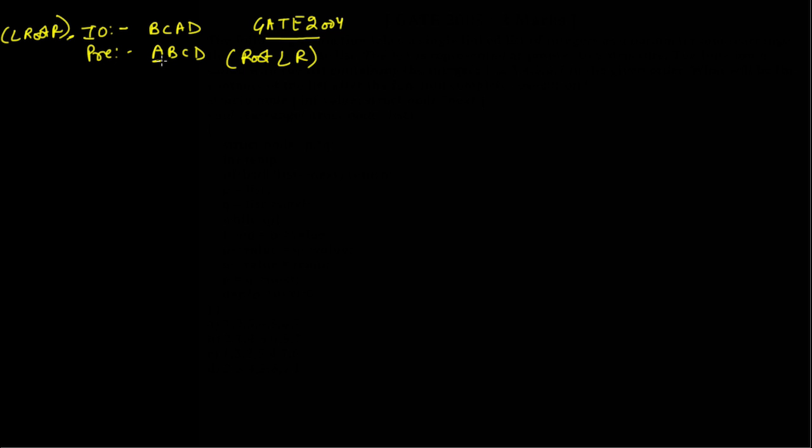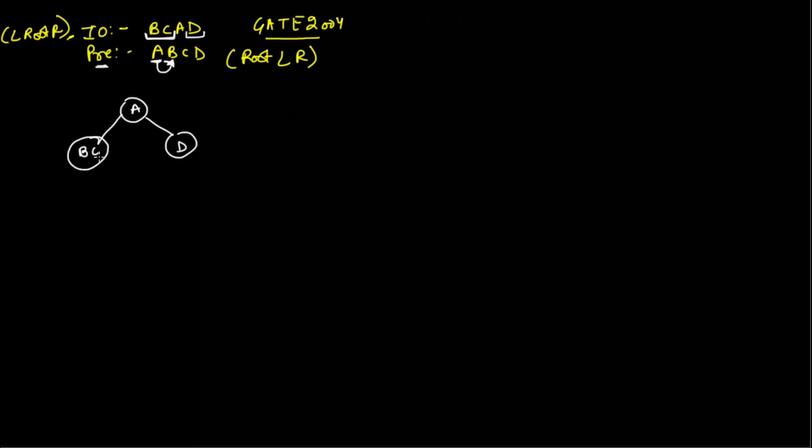Here in the pre-order we have A, that means A is the root. Now if you go to the in-order, in the left of A we have B, C and in the right of A we have D. That means in the left we are going to get B, C and in the right we are going to get D. Now go to the pre-order and see what the next element is. So the next element is B, right.